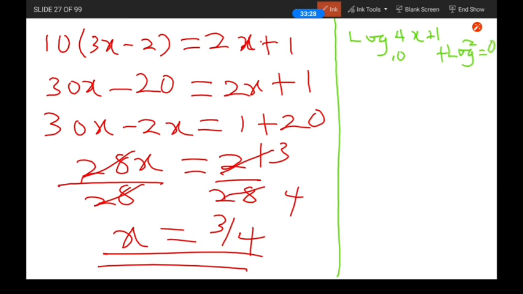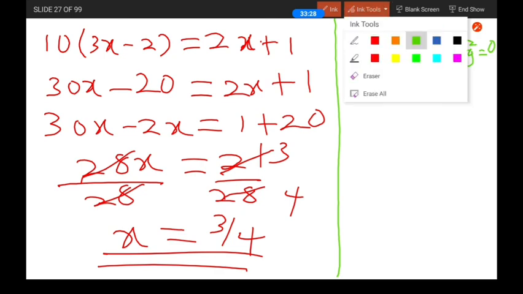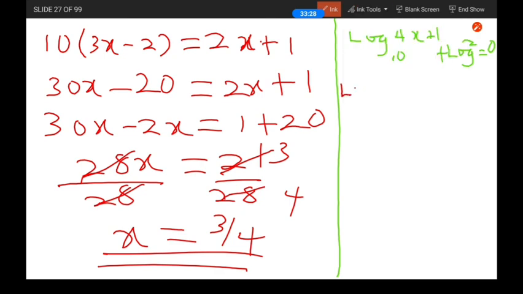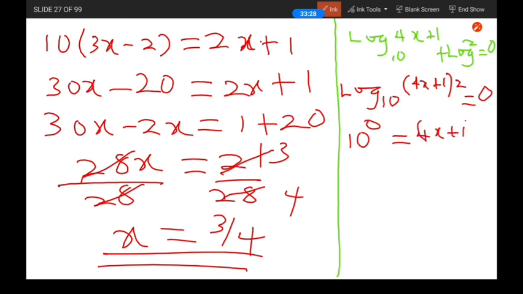Now every time you have plus in between them, what we do, you multiply. So we have log base 10 is common. You're going to be having 4x plus 1, right? Then times 2 equals 0. In the same vein, 10 raised by 0 equals 4x plus 1 times 2. 10 raised by 0 is 1.